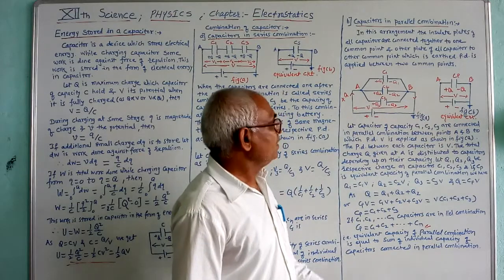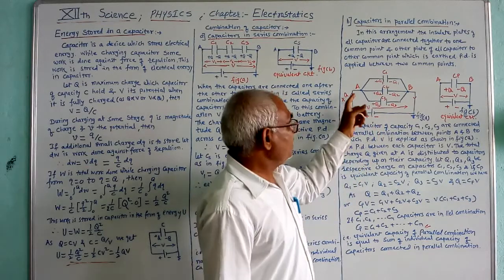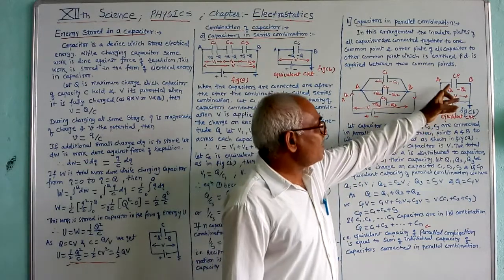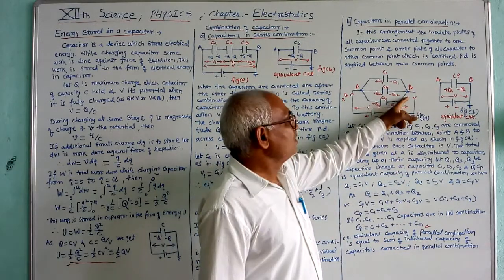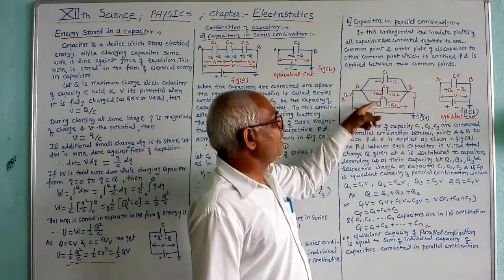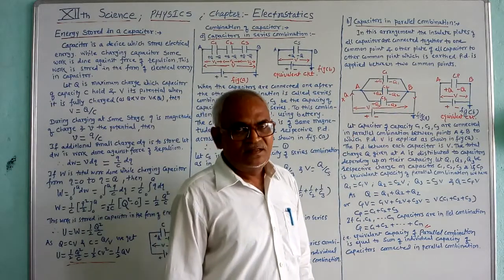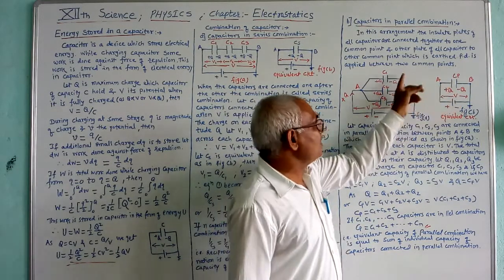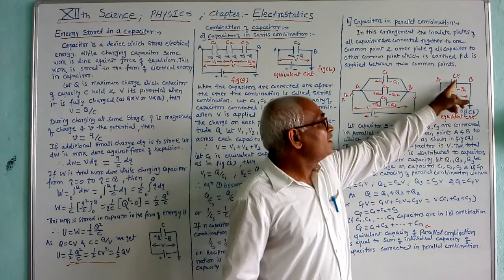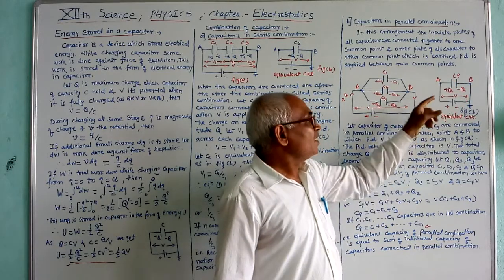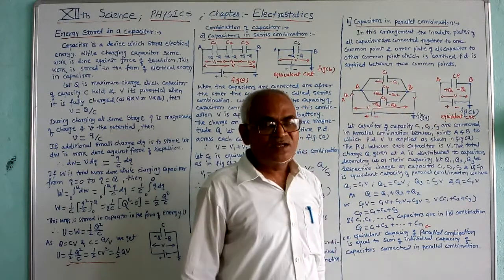That means the circuit behaves as if, between the points A and B, a single capacitor is connected whose capacity is the same as the combined capacity of all these capacitors in this parallel combination. Let that single capacity be Cp, known as the equivalent capacity of the parallel combination, across which V is the potential difference and it stores the maximum charge Q.